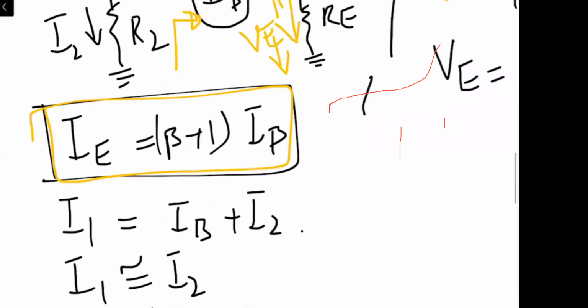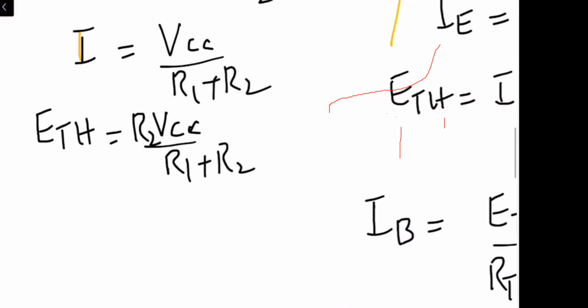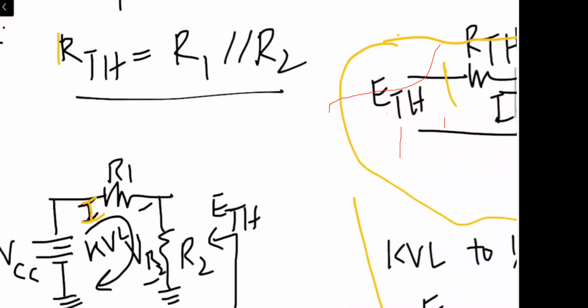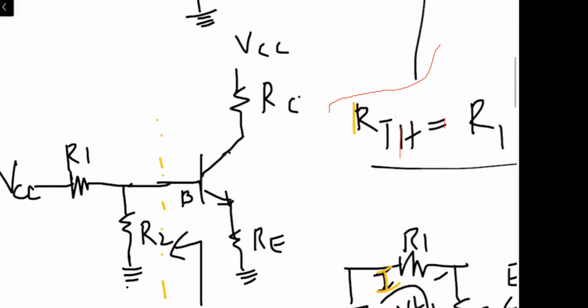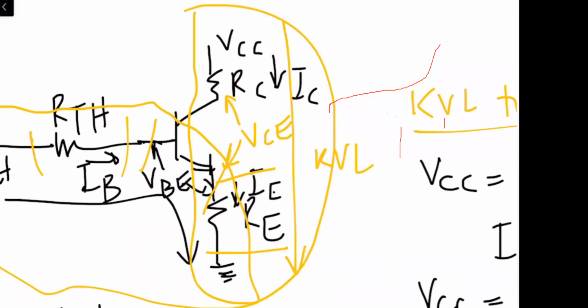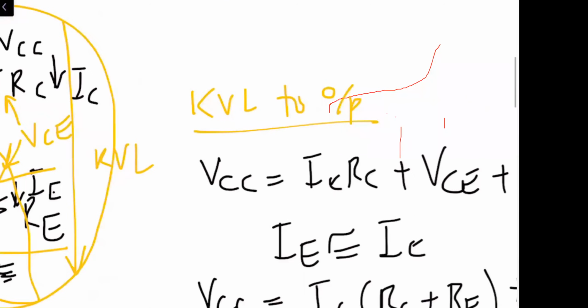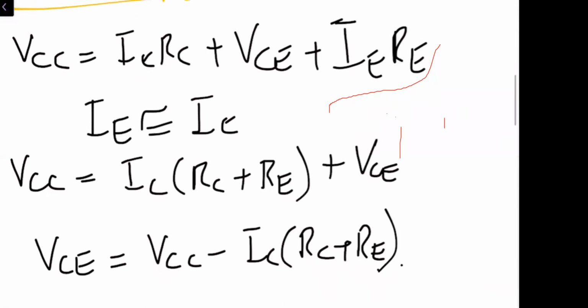The output side is going to be from the same circuit. Applying KVL to this, we obtain the same equation that VCE is equal to VCC minus IC into RC plus RE.